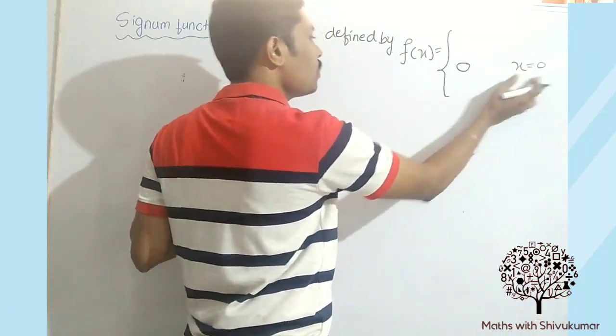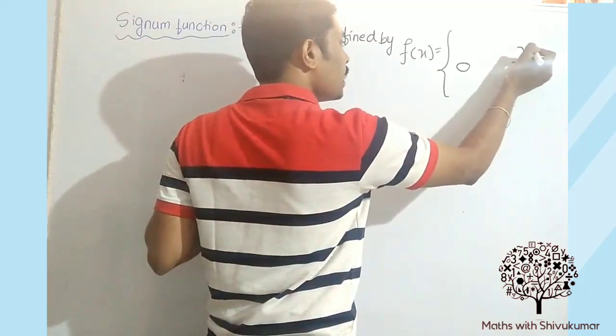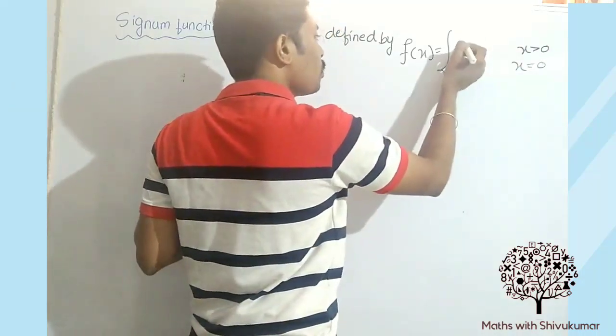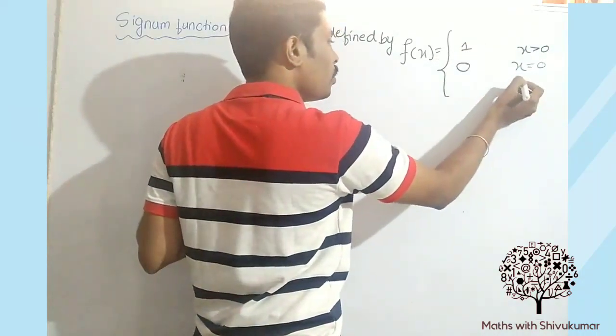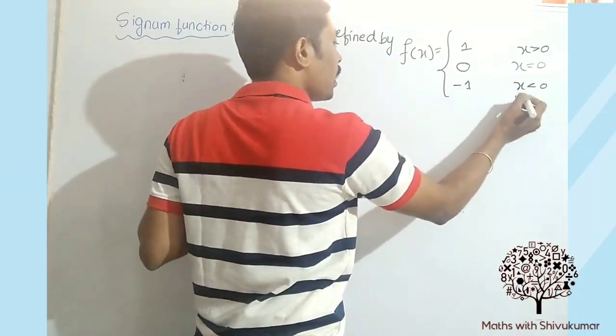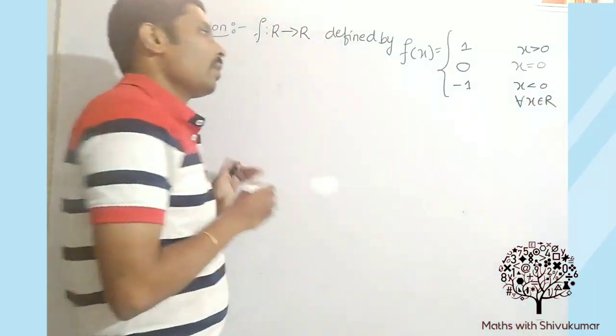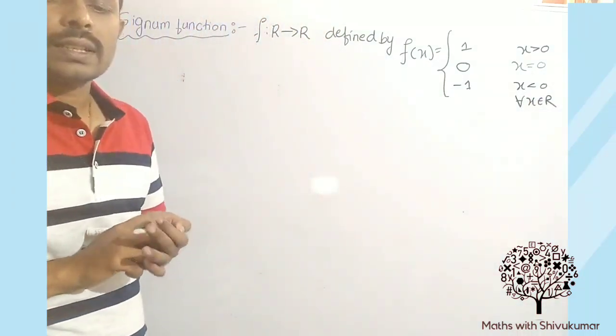Meaning if x is equal to 0, you will get 0. If the input value is greater than 0, the output will be 1. If the input value is less than 0, the output will be -1. Again, for all x belongs to R. This is the definition.